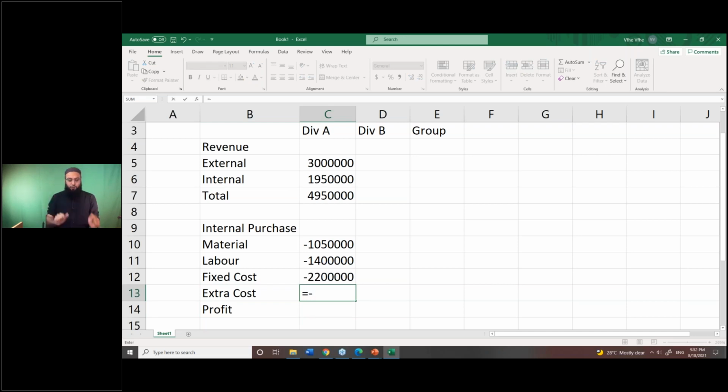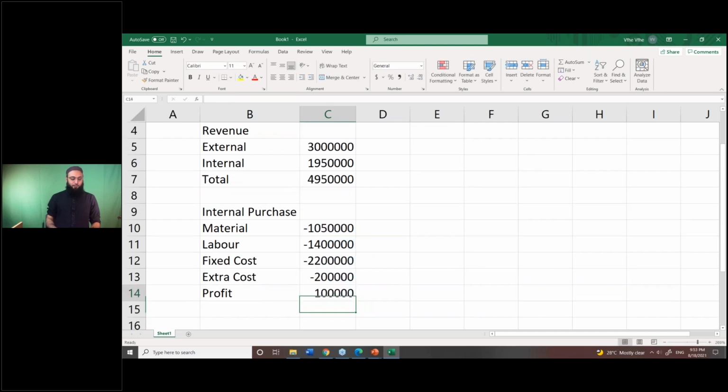Do you agree with me? Minus 1 into 200,000. Everybody, are you with me? Say yes or no. Okay, let's work out the answer using a sum formula. Revenue minus cost. So is this what you are getting? Please confirm, and if you want to ask anything, I'm here to answer.